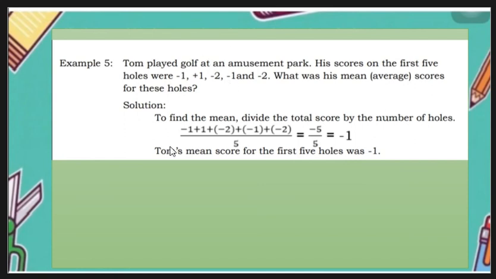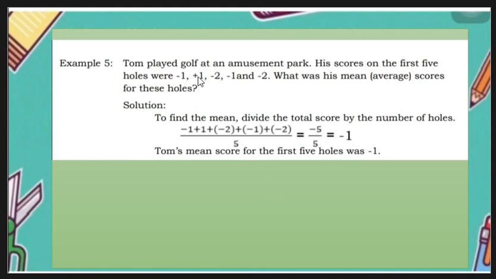Therefore, we have these first 5 holes. We have negative 1 plus positive 1 plus negative 2 plus negative 1 plus negative 2 is equal to negative 5, divided by the number of holes. There are 5 holes.